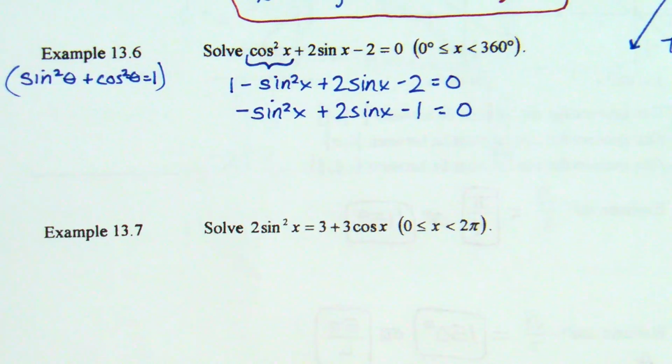I don't know if all math teachers are like this or if it's just me, but because I know I'm getting ready to factor, I don't like that negative being on the front term. So I'd rather have a positive sine squared x. So multiply everybody by negative 1 or move everybody to the other side.